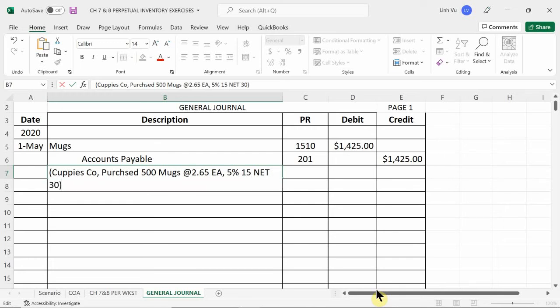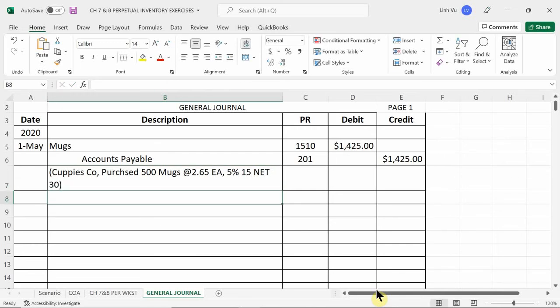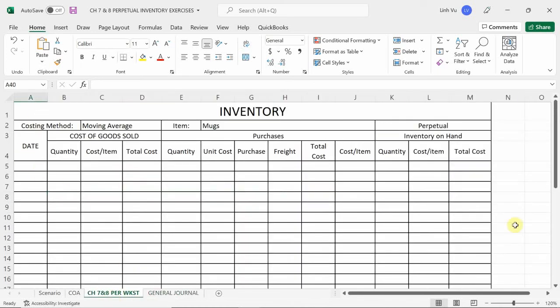Okay, so then we can give us a reminder. If we make a payment within 15 days, so 15 days from May 1st is going to give us May 16. If we pay on the 16th, we get to take a discount. Okay, so that is, we got to first properly journalize in our journal, right, with account numbers and all. Okay, and then we can go ahead and plug it into our inventory worksheet.